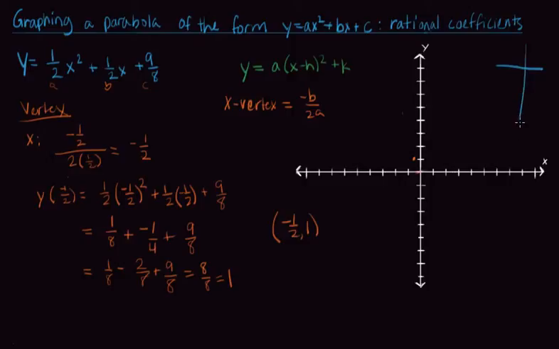And I will just go ahead and use the closest points, and I'll use whole numbers just to make life a little bit easier. So let's use negative 2 and negative 1 and 0 and 1.